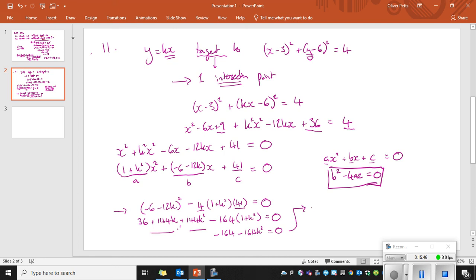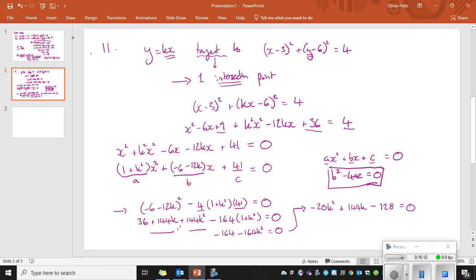So that is negative 20k squared in total. I've got 144k with nothing else to go with it, so I'm going to put a plus 144k. I've got a 36 take away 164, and that is going to be negative 128. So think about that. That's all equal to 0.